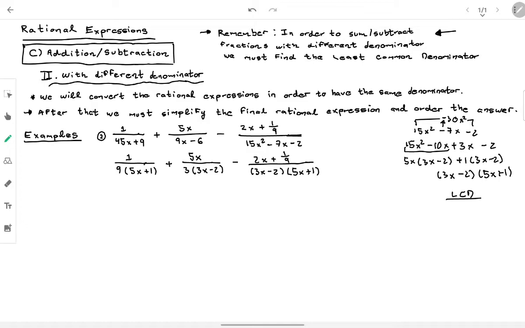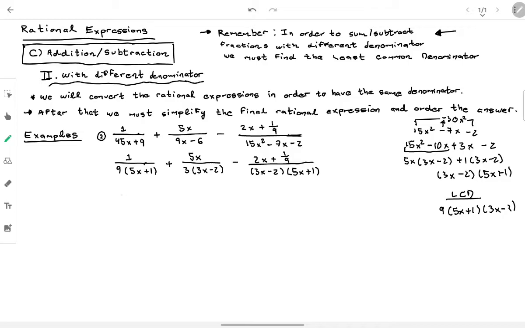If I do the prime decomposition of those, it's going to be 9. And with the parentheses, remember we need to put all the parentheses we got and the highest power we got. So the least common denominator will be 3x minus 2. I don't know why I put plus 1. Minus 2. So that will be the least common denominator.